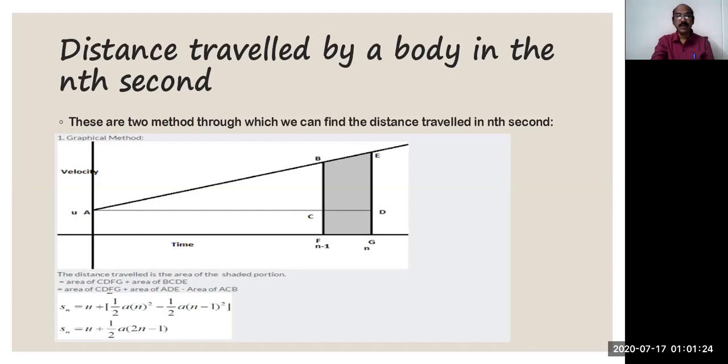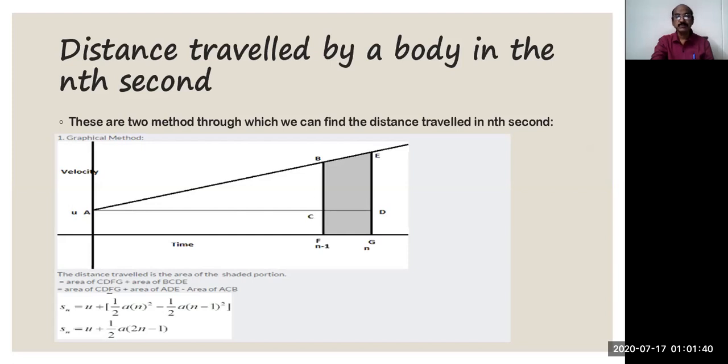Let us calculate the distance traveled in n minus 1 seconds, that is AB, and the distance traveled by the body in the nth second is obtained by AE minus AB, that is DE.